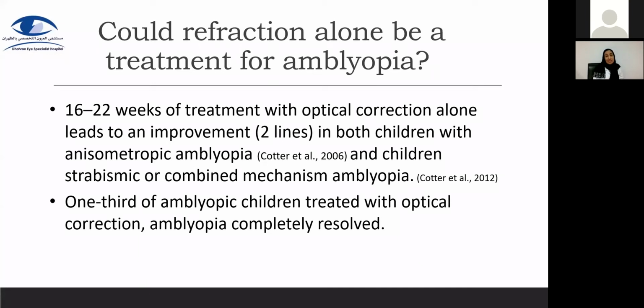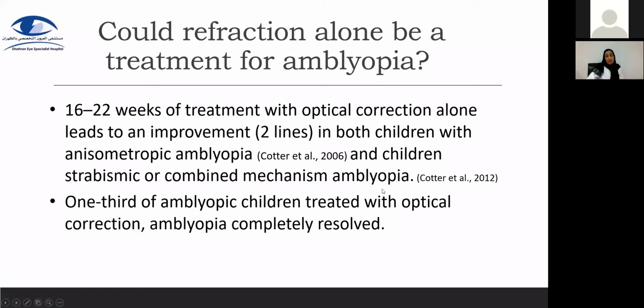If the vision is stable, then I might go with an additional mode of treatment, such as patching, penalization, or filters. I would also ask the patients at that time to use near objects such as iPhones, iPads, drawing, and coloring to improve the vision.